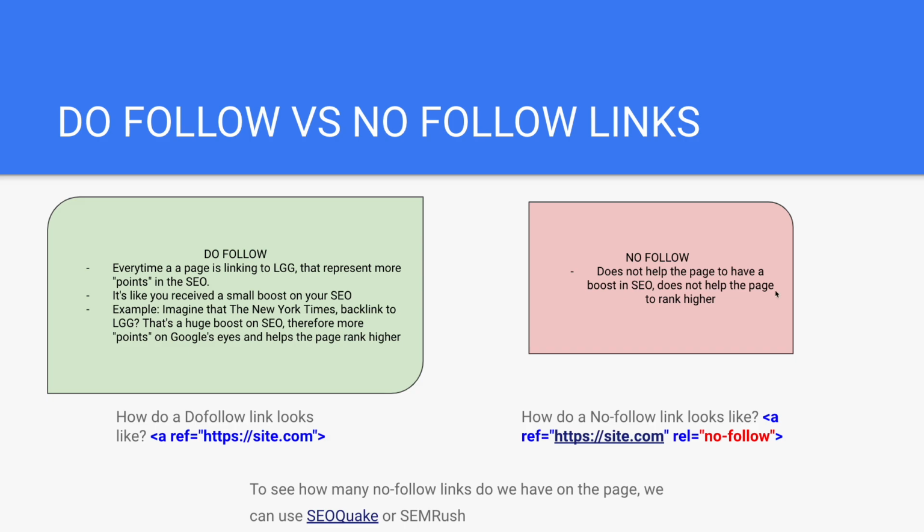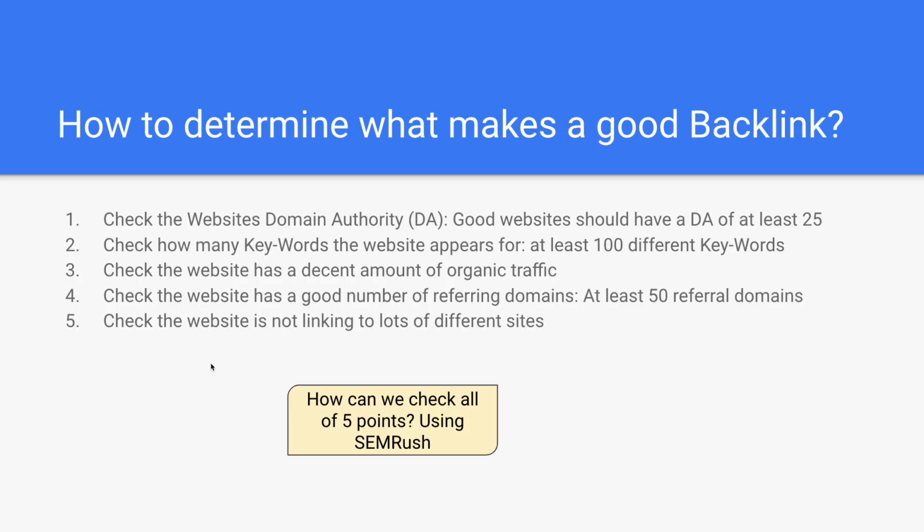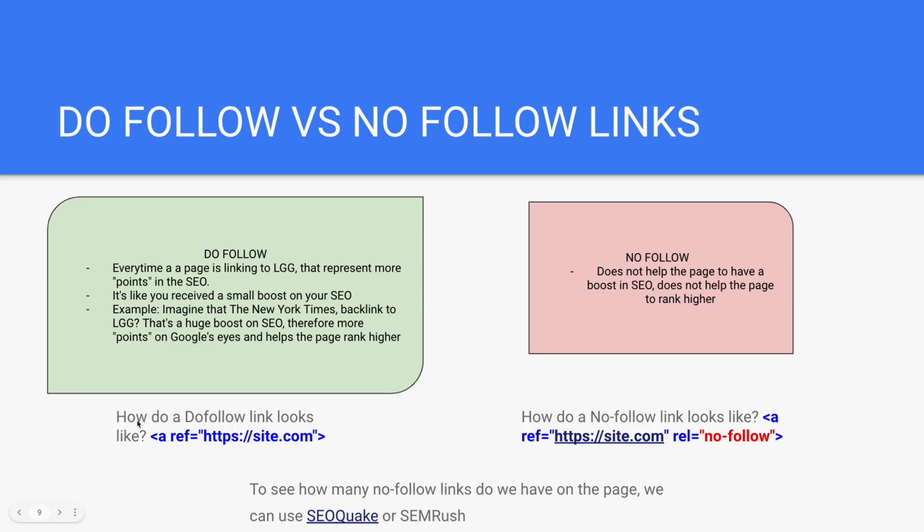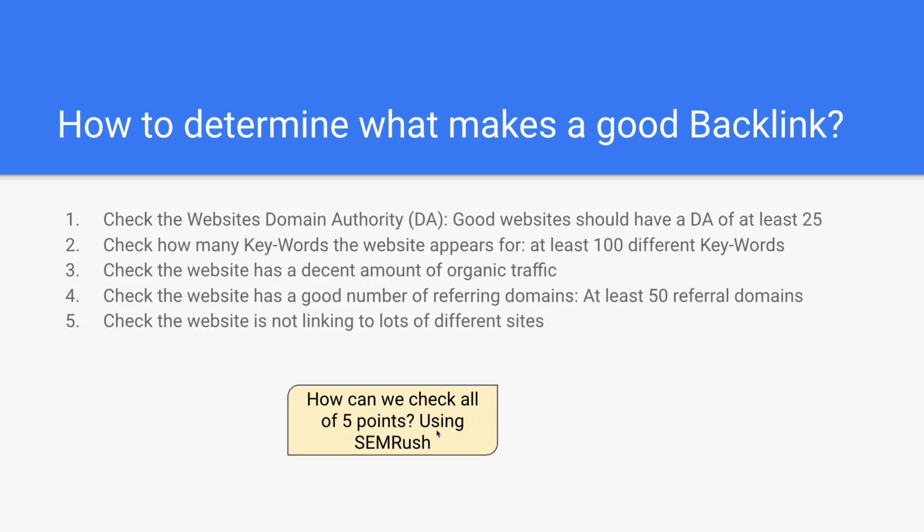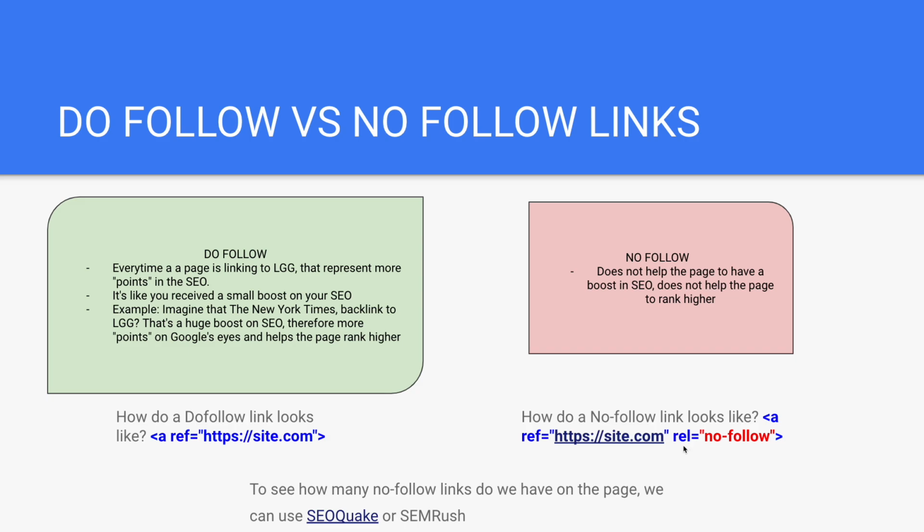So we always have to look for do follow links that look like this, and the no follow links will have the no follow by the end of the code here.